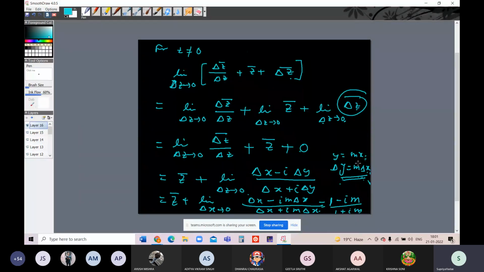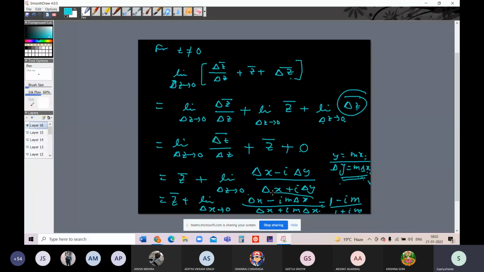And you know that for different values of m, y is equal to mx will denote different straight lines passing through the origin. So for different values of m, the value of this limit will be different. It means that along different paths we are getting different values of the limit of this term.